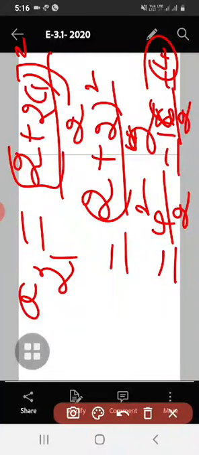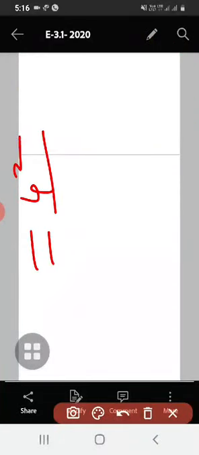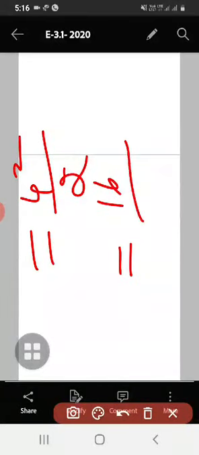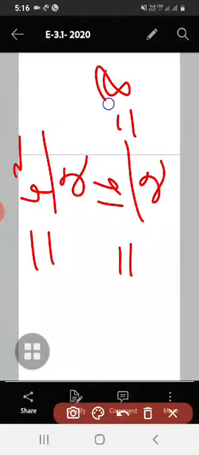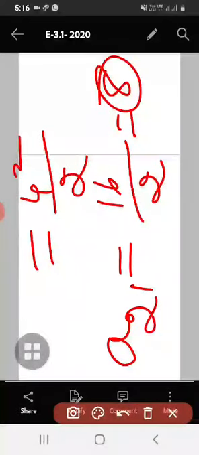Sorry, 4 square is what? 16. Okay, let me make it here: 4 square divided by 2, so that is 16 divided by 2. So this element is 8. This is A21, so we calculated the element which lies in the second row and first column. So this is 8. So one element is left here.